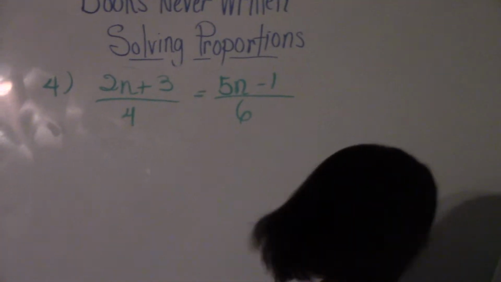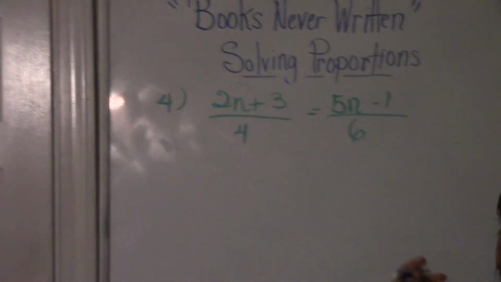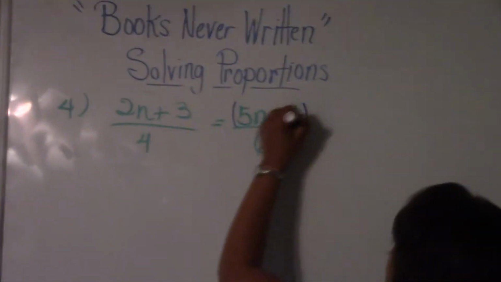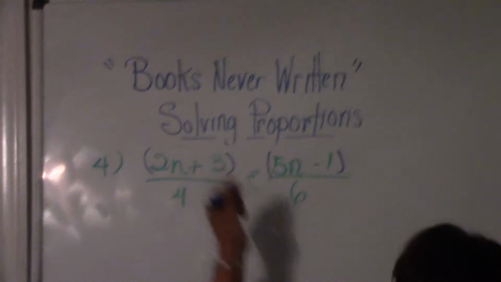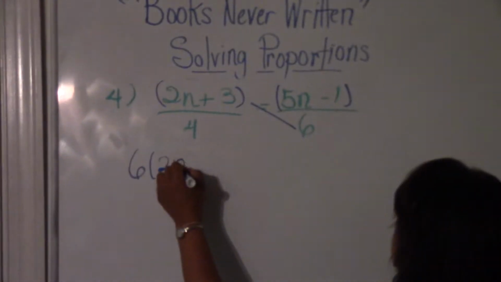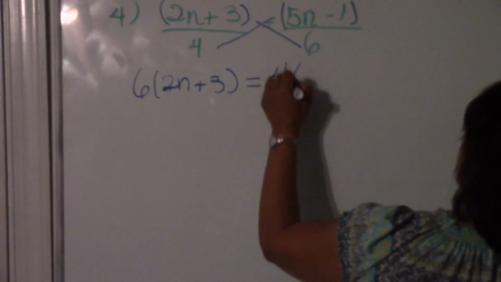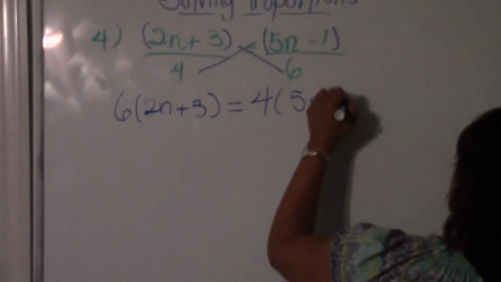Now we're going to set up how we will cross multiply with this proportion. We said it's a good idea to put parentheses when you have a binomial or larger, so you can see what's going on. You have 6 times the expression 2n plus 3 is equal to 4 times the expression 5n minus 1.